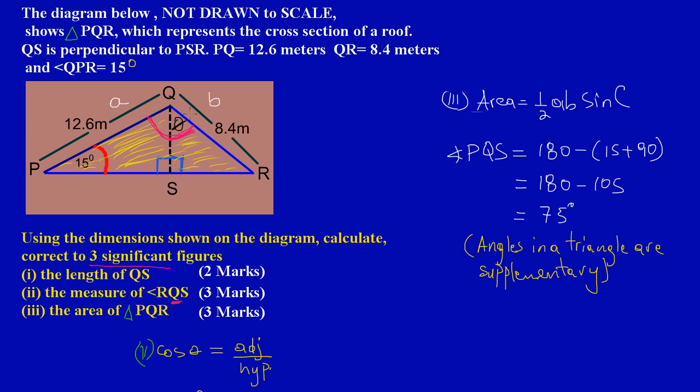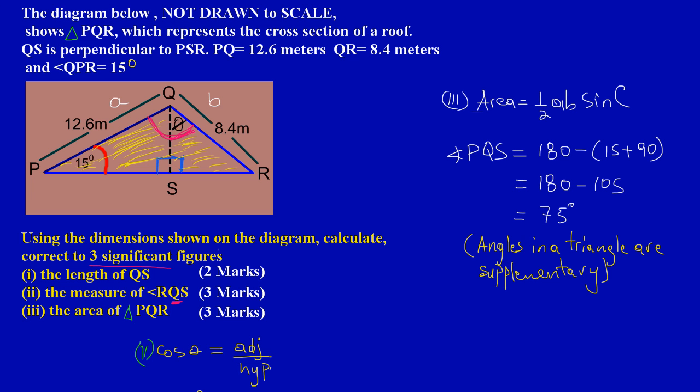Now having this angle, we have worked out this angle to be 75 degrees. Since we had worked this out to be 67.2, to get the angle at PQR, angle PQR would be equal to, obviously, we would add those two values.